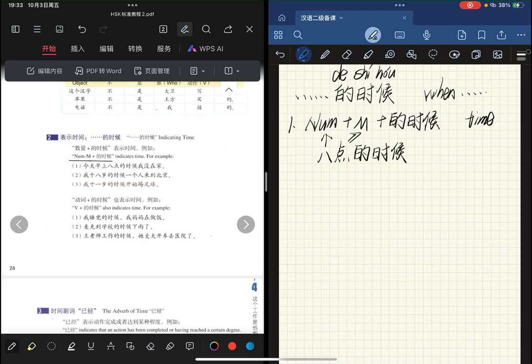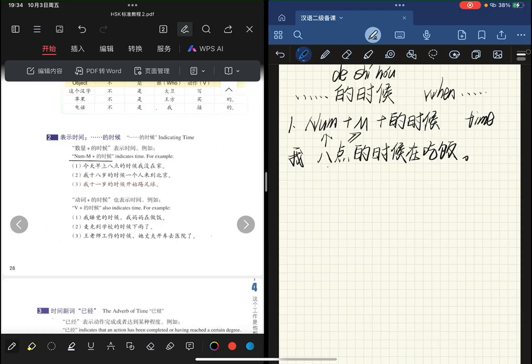And it is used as the time and the verb to describe when an action happens. So, for example, at 8 o'clock, I was eating. 我8点的时候在吃饭。At 8 o'clock, I was eating.